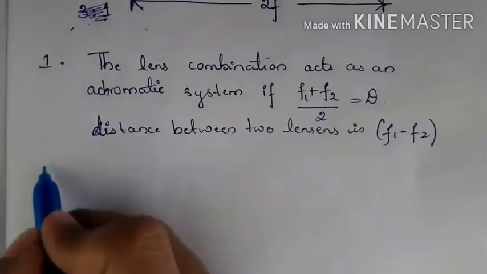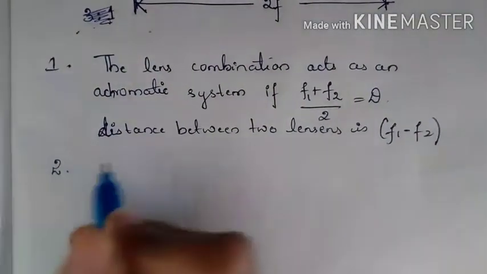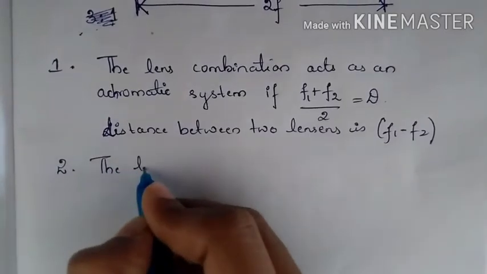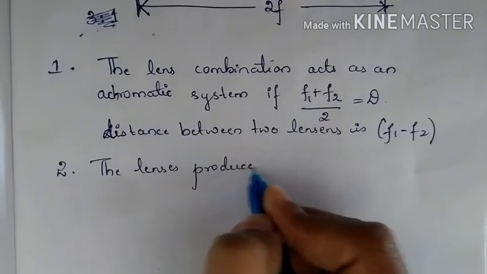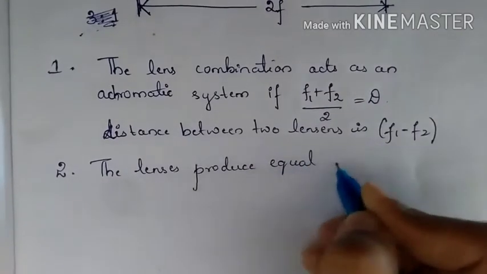So second one is the lenses produce equal deviation.